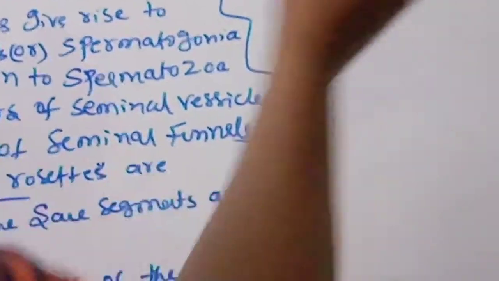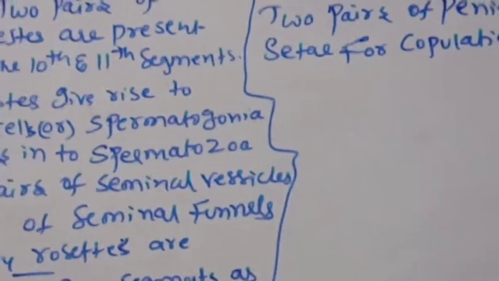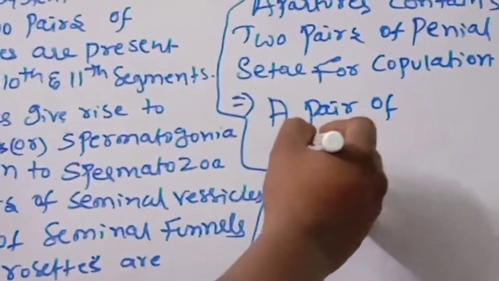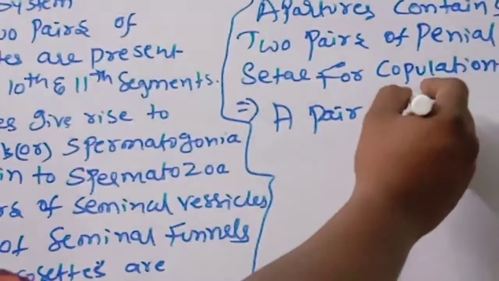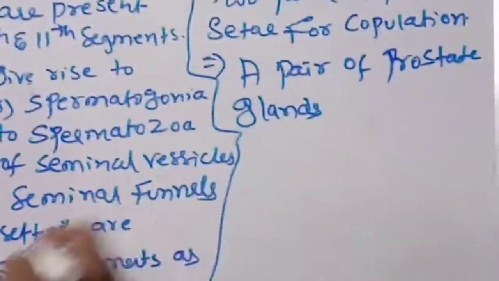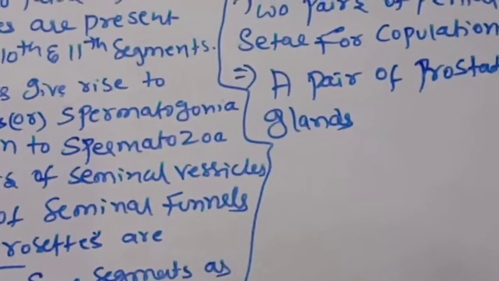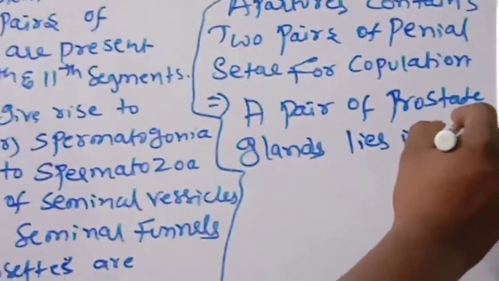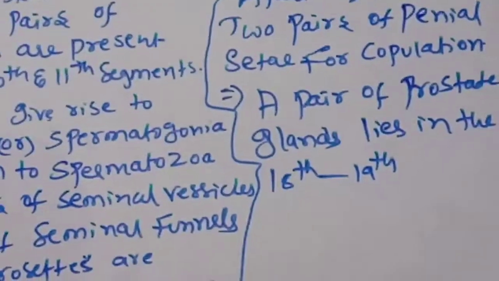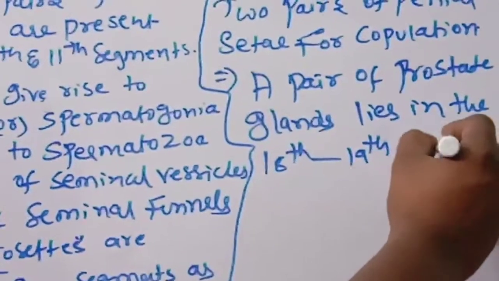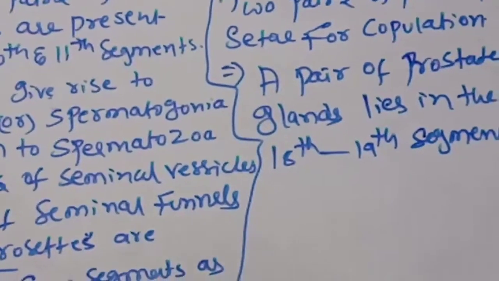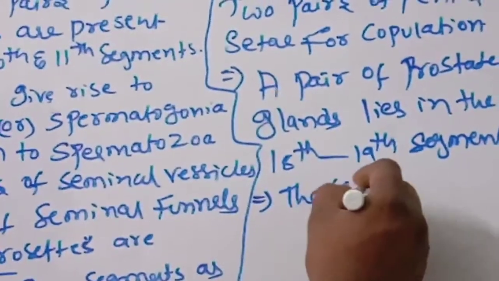For copulation. Next one, a pair of prostate glands lies in the 18th to 19th segments.